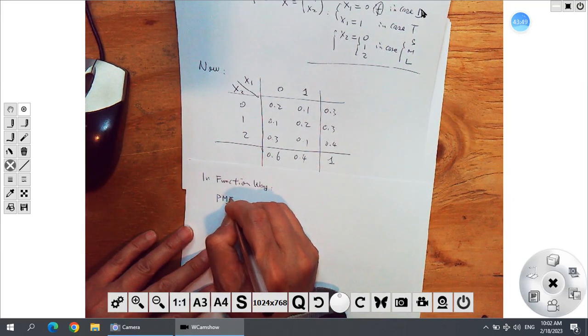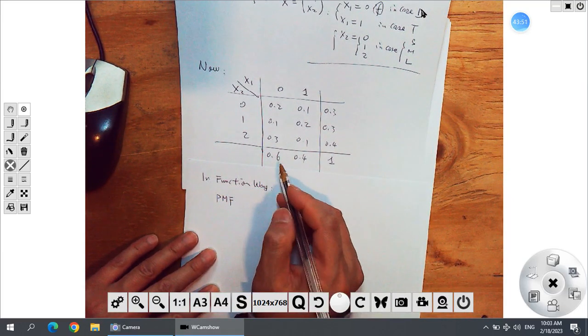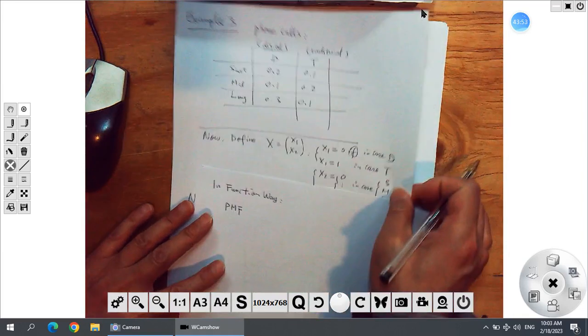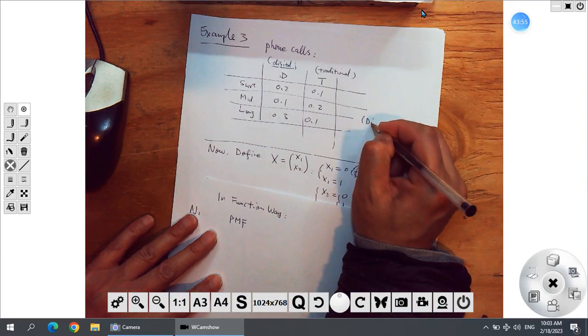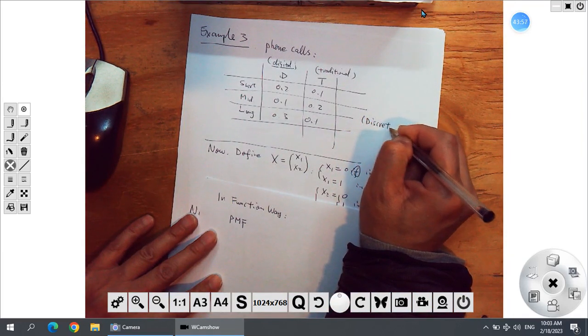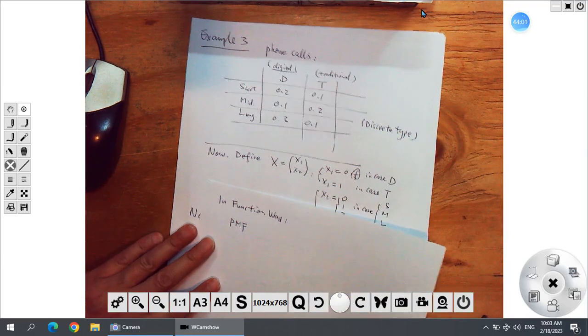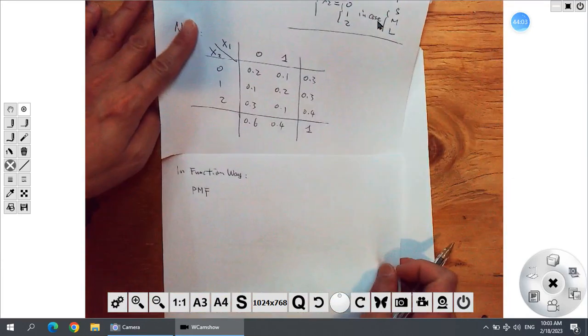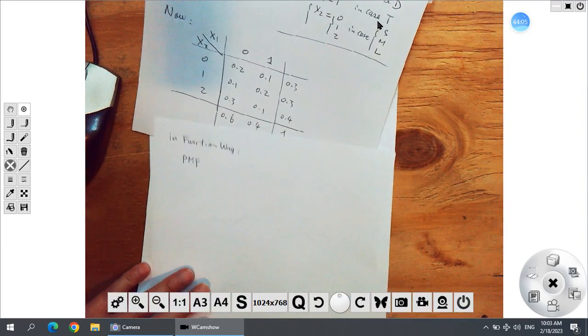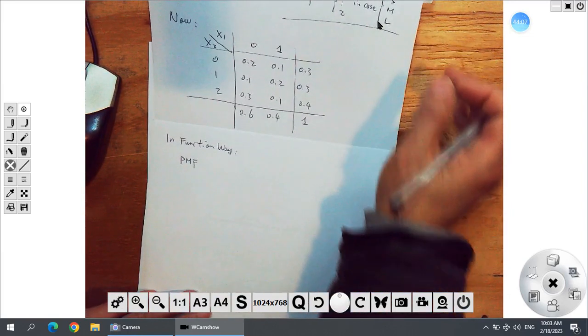Of course, this is just a PMF. This is discrete type, not continuous. So we have a PMF, but this PMF needs two variables.